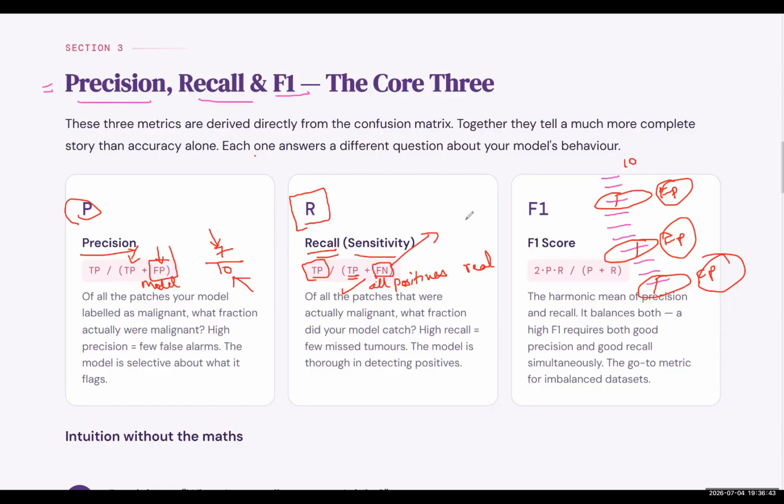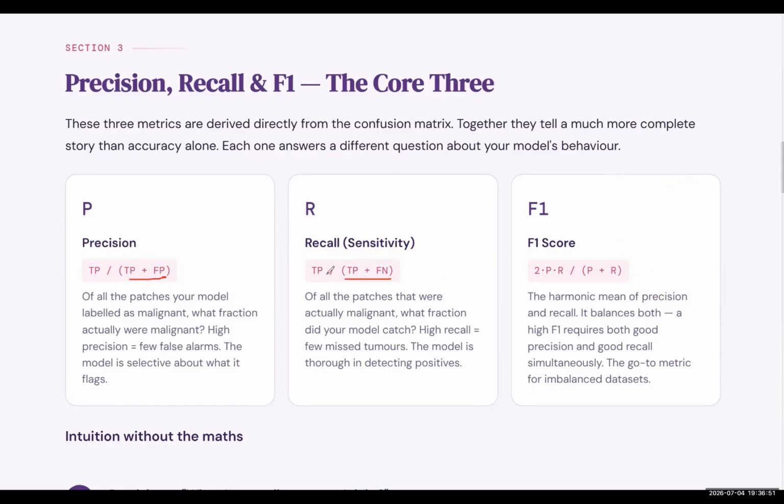False negatives are actually positive in real life but classified as negative by the model. So there are subtle differences. This is all the positives predicted by your model, whether true or false. But here, it is all the positives in real life, whether true positives or false negatives. So this is precision, this is recall.